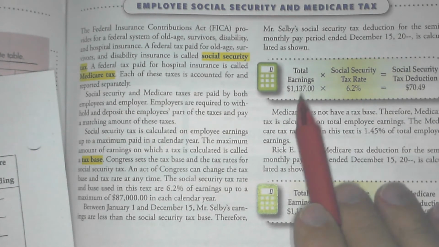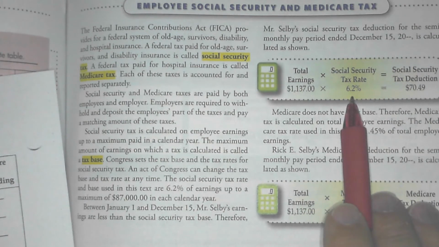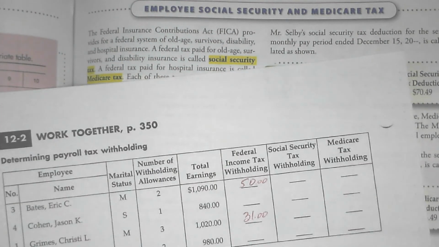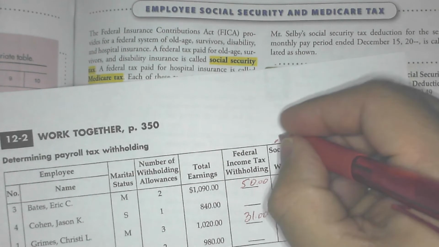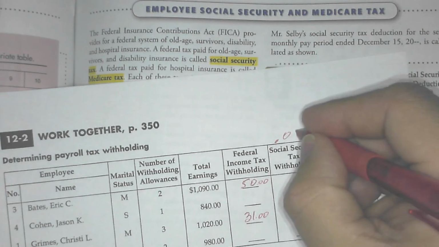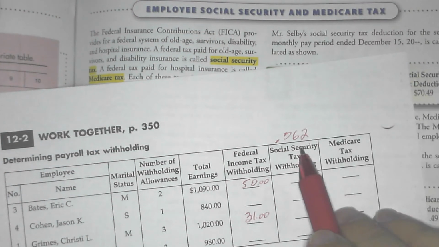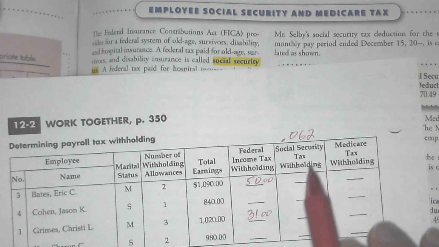So the Social Security, it says to multiply the total earnings by 6.2%. So you're using a calculator, or if it's something you try to remember, you can write it converted to decimals. So 0.062.